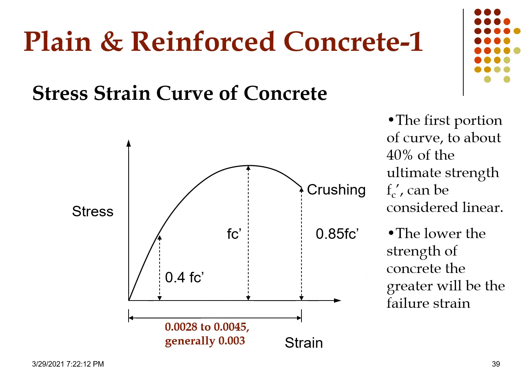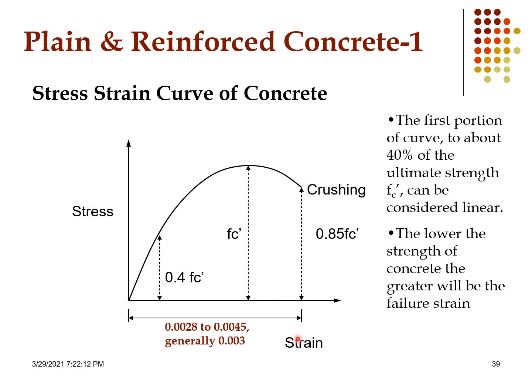Now the stress strain curve for the concrete. The typical stress strain curve for concrete is something like that. The initial 40% of the maximum value of the stress strain curve for concrete we will consider as the linear elastic portion.